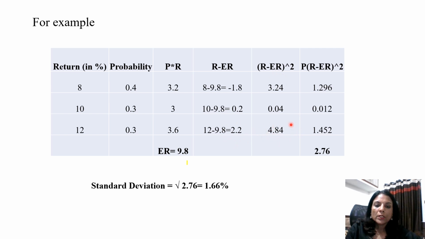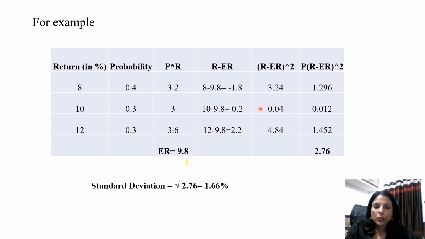So this column we have calculated, that is the square of return minus expected return. Now this column should be multiplied by the probability values. The last column is P into (R minus ER) squared. The first probability is 0.4, so 3.24 multiplied by 0.4 gives 1.296.